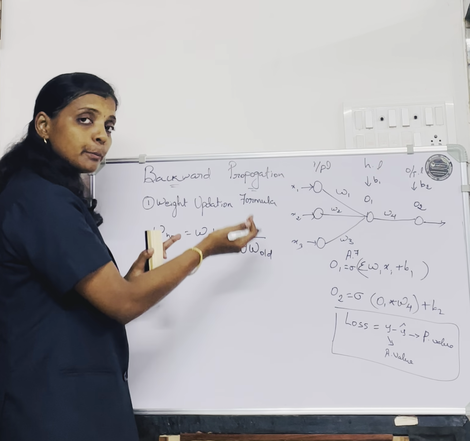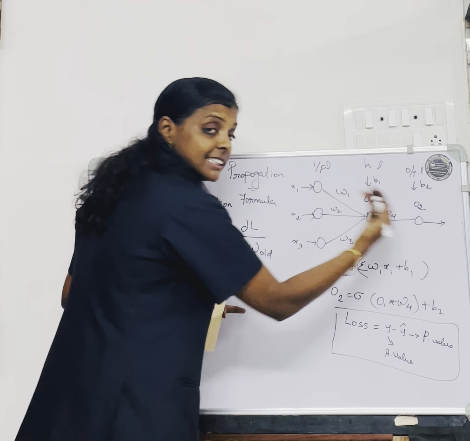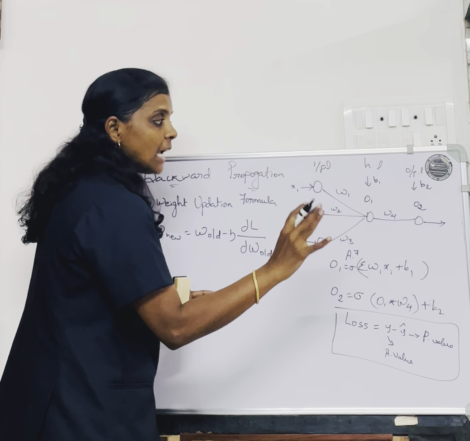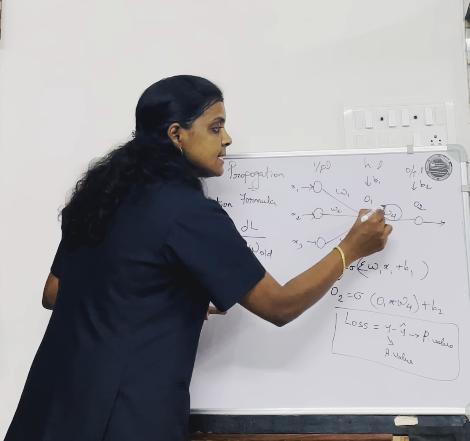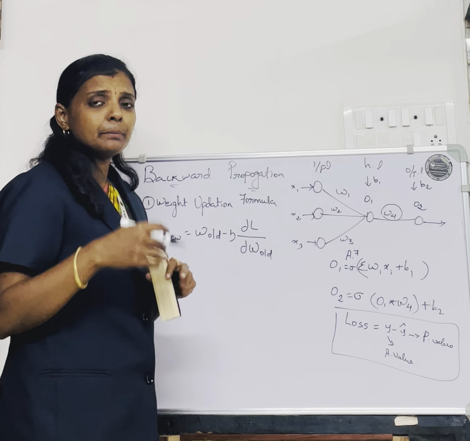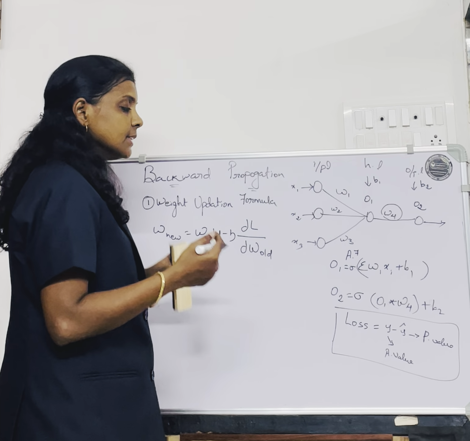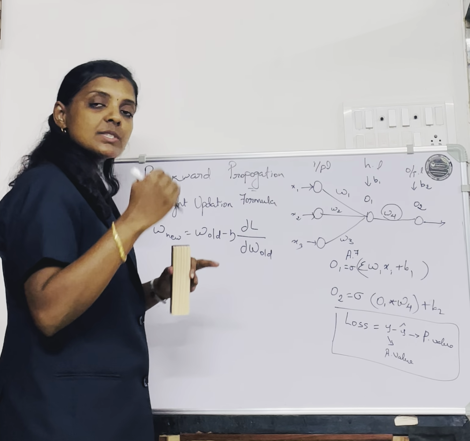In backward propagation, we have to do the process in the backward direction. So first we have to update the weight in this W4. Okay. Why we are doing updation? Once you update the weight, then after that we can reduce the loss.